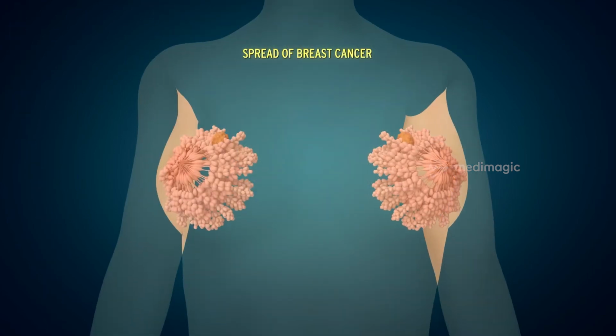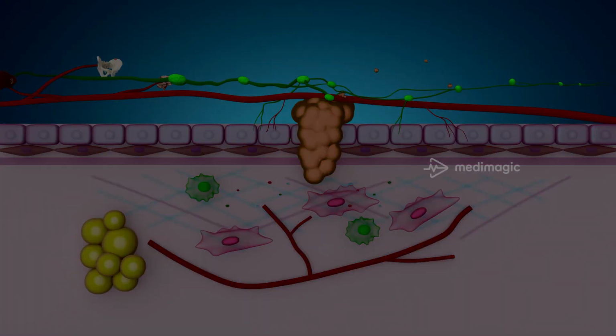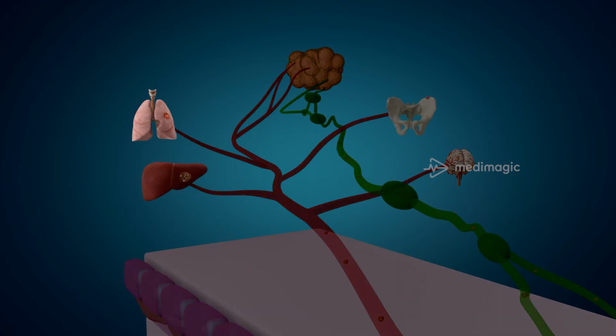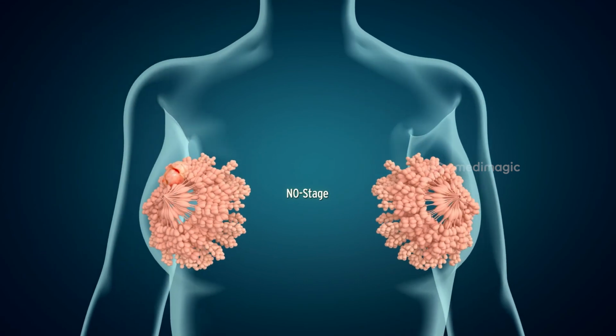The second type of staging is based on the number of lymph nodes affected. Cancer spreads when cancer cells break away from the primary tumor. In breast cancer, these cells are most likely to reach the lymph nodes closest to the affected breast and spread to the rest of the body. There are 4 different stages here: N0 to N3. N0 is when the tumor cells show no lymph node metastasis or spreading.